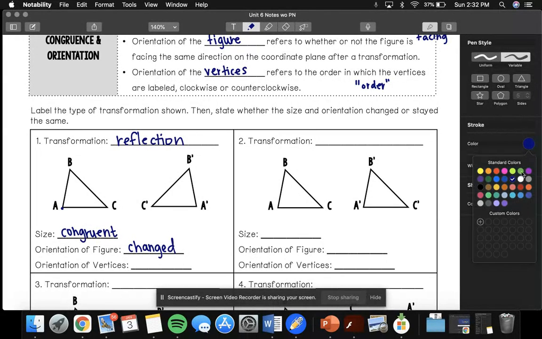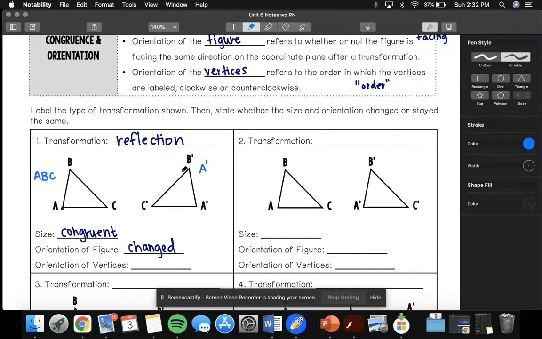Okay, finally, we have orientation of the vertices. So I'm going to write the vertices of this triangle, and I always go clockwise just because that's what makes sense in my brain. So I'm going to start alphabetically with A, and then I'm going to go to the right, B, C. Okay, then I have this transformed figure, and I'm just going to start with A again, A prime, and now I'm going to go again clockwise.